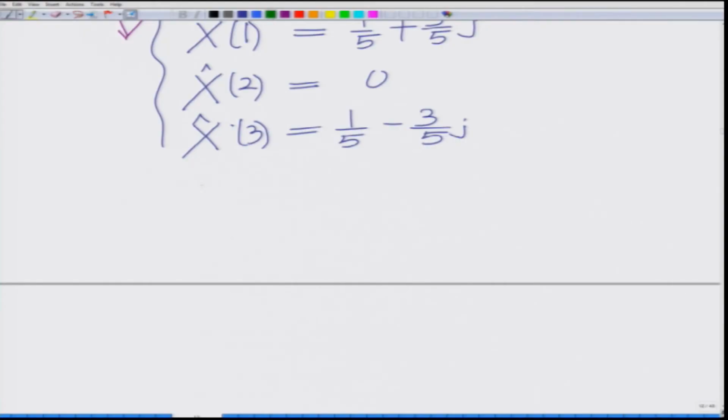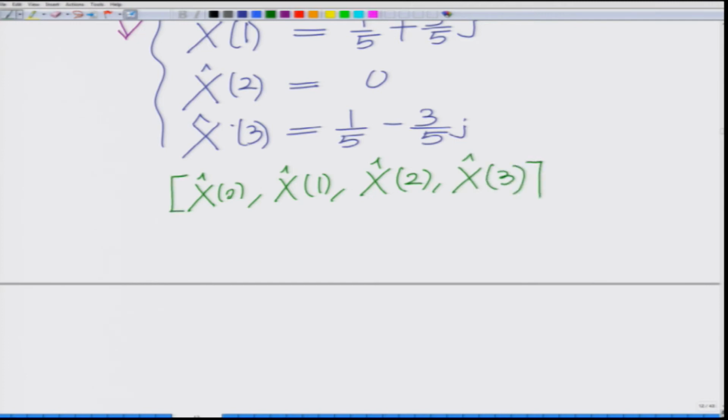So, basically you have capital X hat of 0, capital X hat of 1, capital X hat of 2, capital X hat of 3. These are estimates of FFT coefficients of your transmitted symbols. Naturally, you have the estimates of the FFT coefficients.